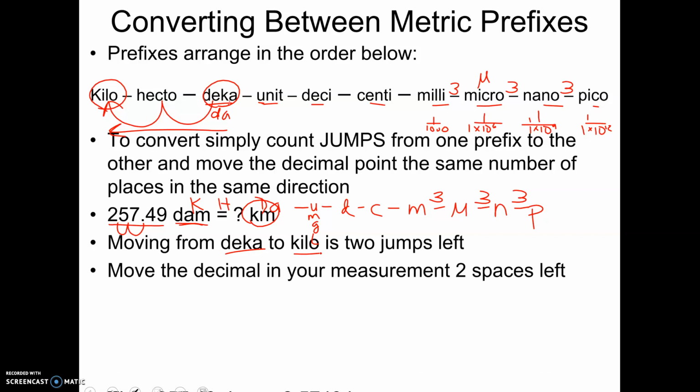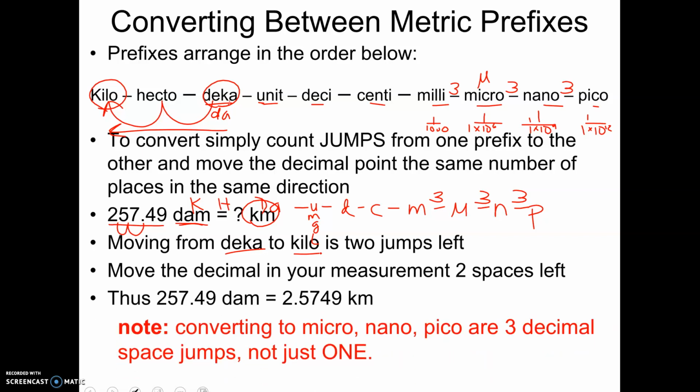So in this case, 2 spaces to the left, 257.49 would become 2.5749 kilometers. Now, like I said, micro, nano, and pico, those 3 jumps are a 3 decimal place jump, not a 1 decimal place jump.